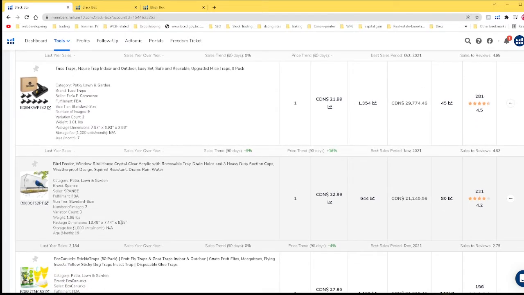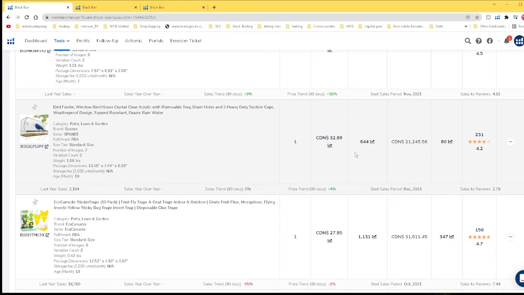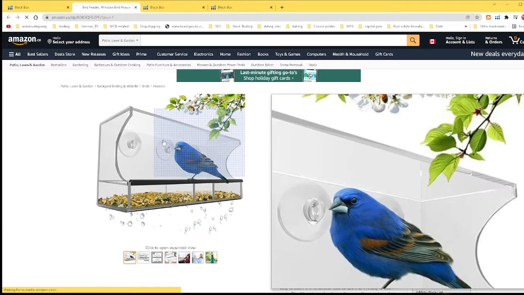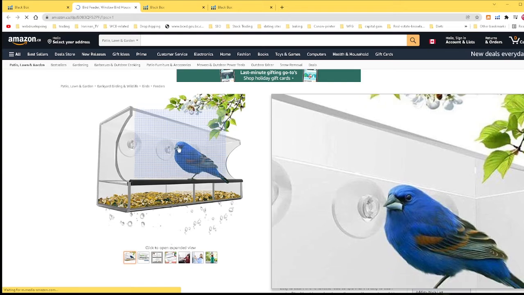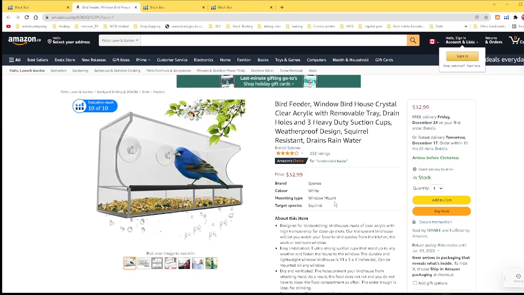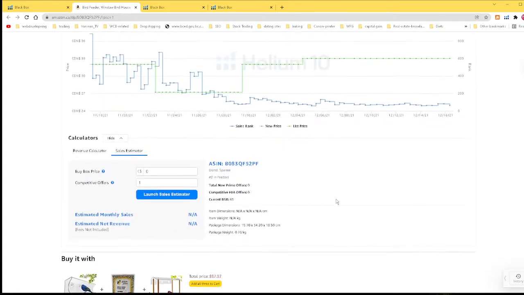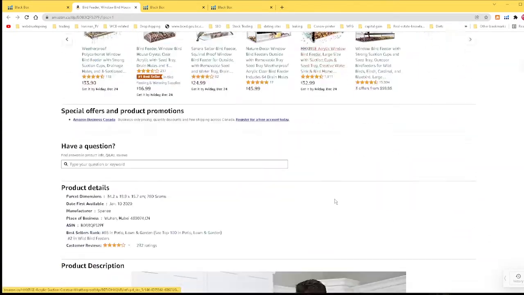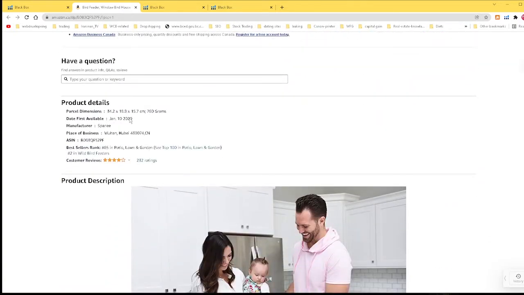So far, the bird feeder seems to be bulky, or isn't it? How big is it? 231. That could be seasonal. The one thing I look for when I go to product detail is how long they've been selling.